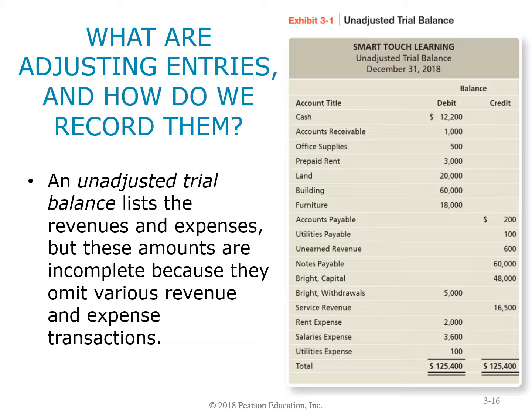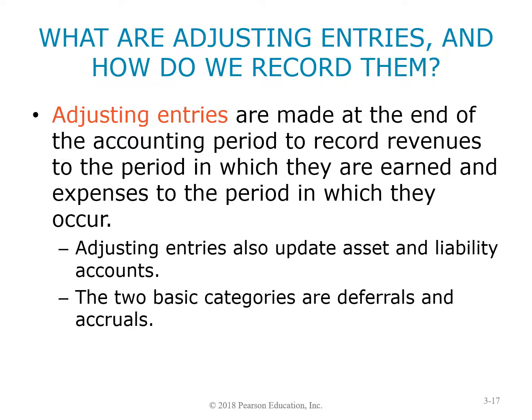So you might have some revenue that needs to be shown, or some unearned revenue that's now been earned. So we're going to update for those. These are the adjusting entries. We're going to update an asset and a liability account, and they're going to be broken down into two categories: deferrals and accruals.